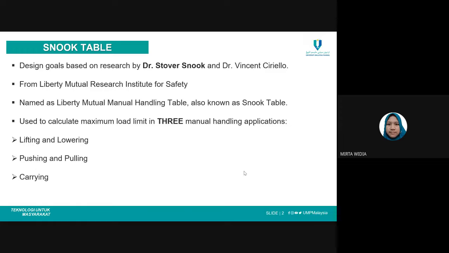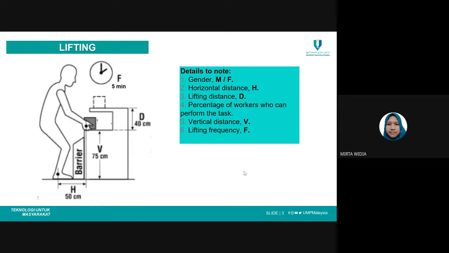This Snook table is also known as the Liberty Mutual Manual Handling Table. These tools can be used only for 3 manual handling applications: lifting and lowering, pushing and pulling, and the last one is carrying. Actually, this Snook table is a direct measurement.